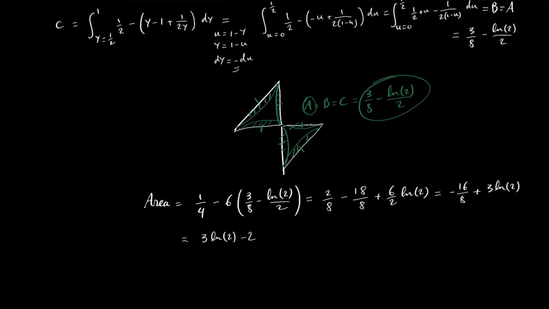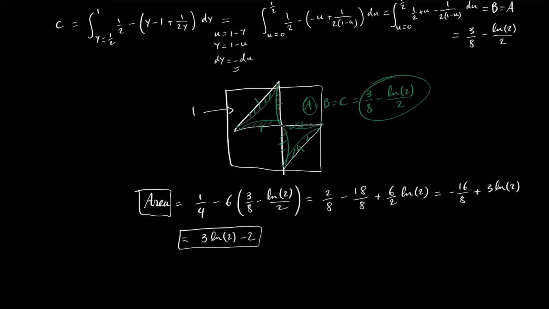So in the end, the area of feasibility of the acute triangle, which is also equal to the probability itself of getting an acute triangle, because the area of the total square is equal to 1, is equal to 3 times the logarithm of 2 minus 2, and this is approximately equal to 7.9%.